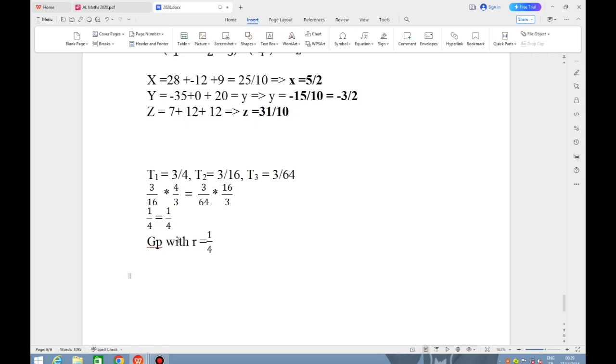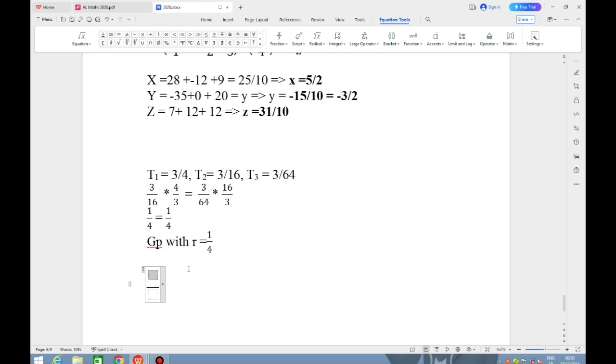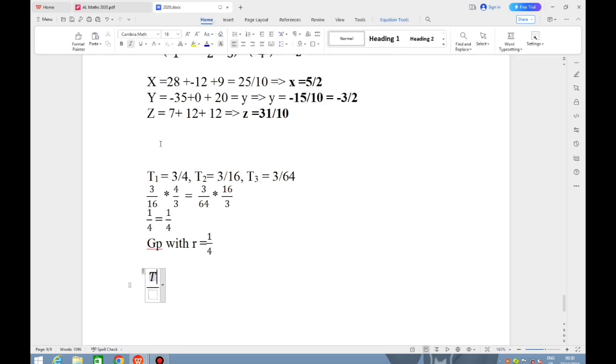The sum to infinity of a geometric progression, where the first term is A, is A all over 1 minus r. Alright, so the first term, T1, is 3 on 4.